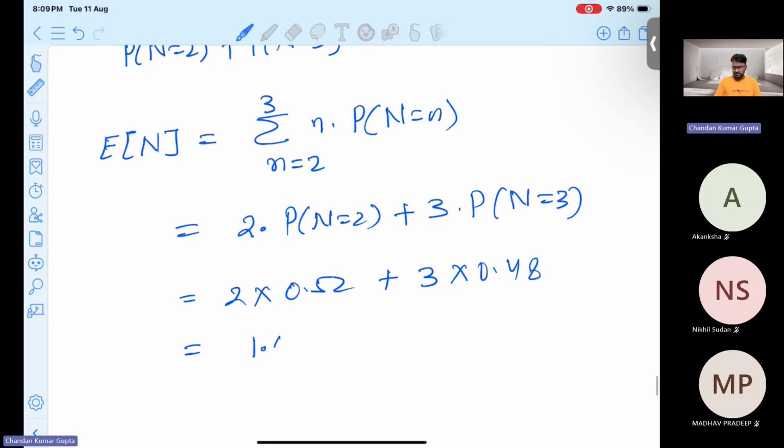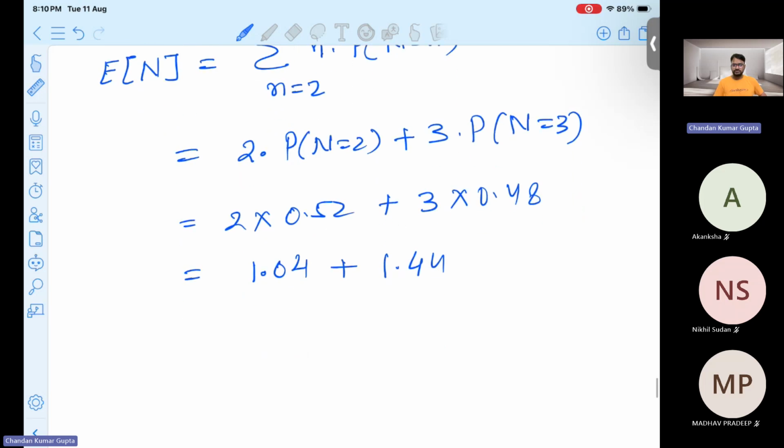It comes out to be 1.04 plus 1.44, so the expected value of n comes out to be 2.48.